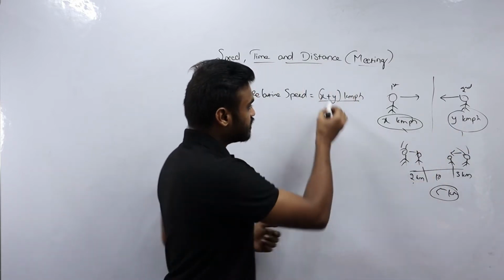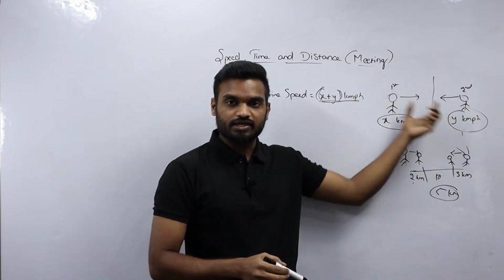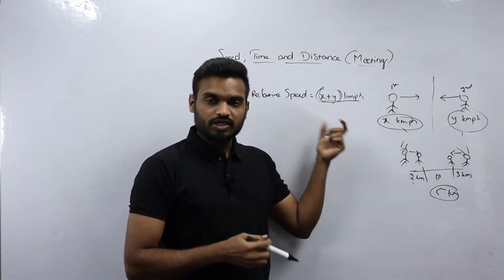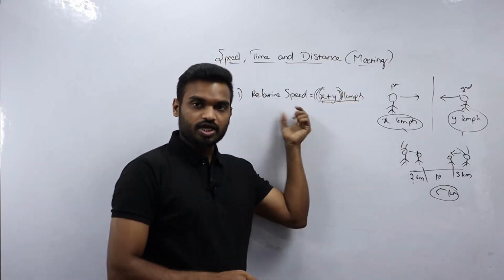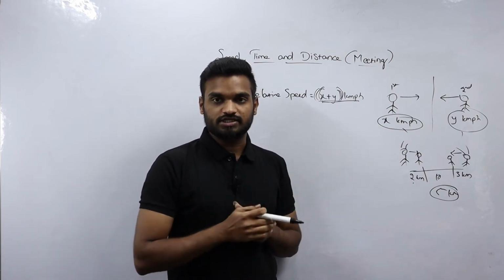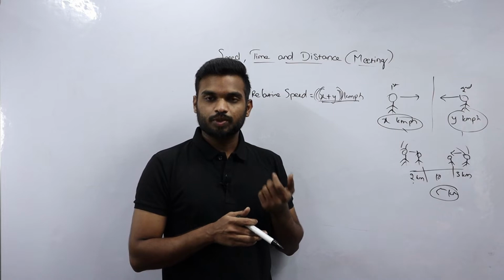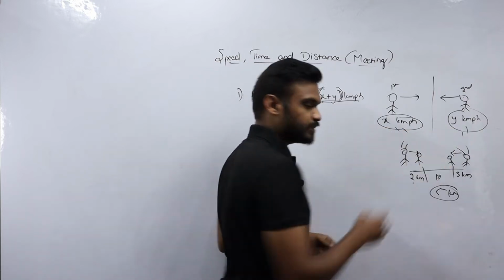That's the reason we add both speeds in the meeting, that is, when both persons are traveling in the opposite directions. Actually, this is the exact reason why we add both the speeds of the first and second person in the relative speed when it comes to meeting. So whenever they say both persons are meeting together, the relative speed becomes the addition of the first and second person speeds.